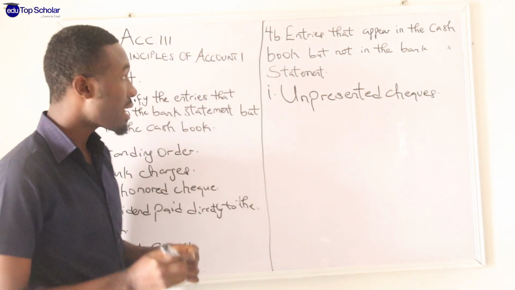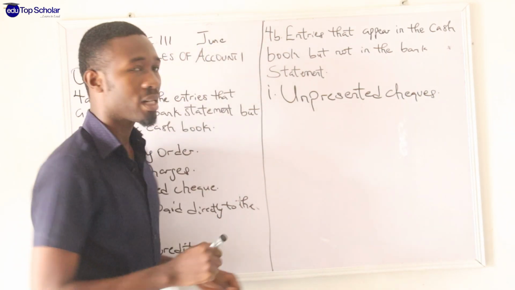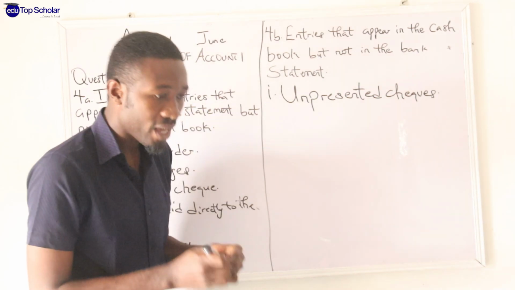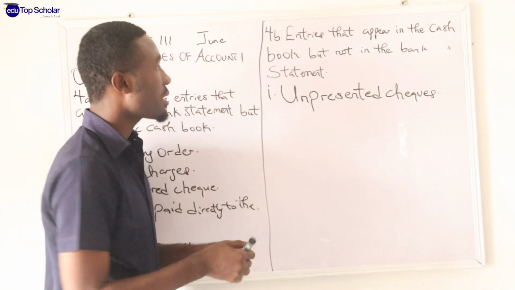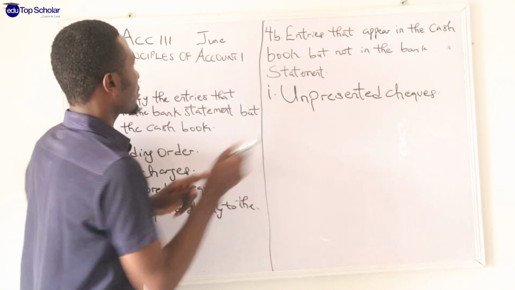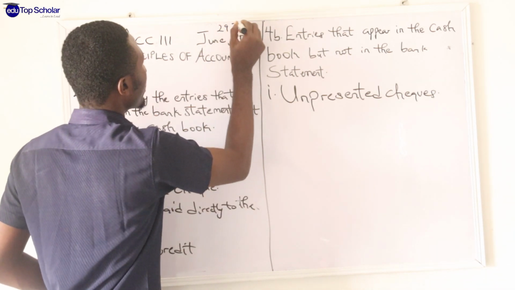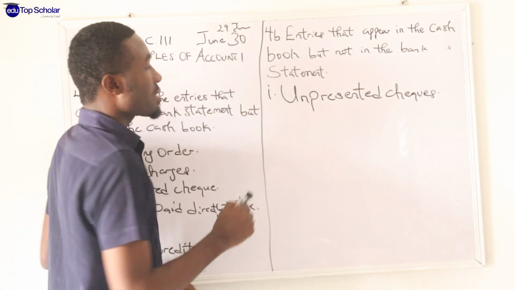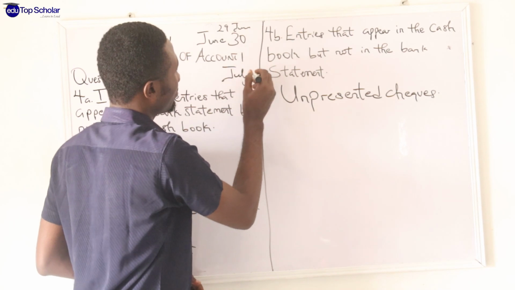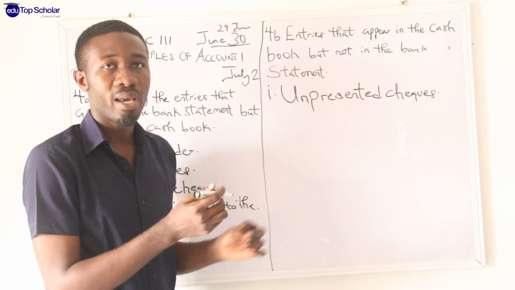Say you are working on a June cash book, and when you were recording your cash book, you gave a check of say 20,000 naira to somebody for payment for a particular thing. Maybe you issued the check on the 29th of June, but the person did not go to the bank until July 2nd, and you are preparing your accounts as at June 30, the end of the month.